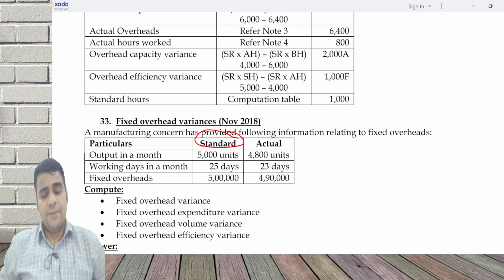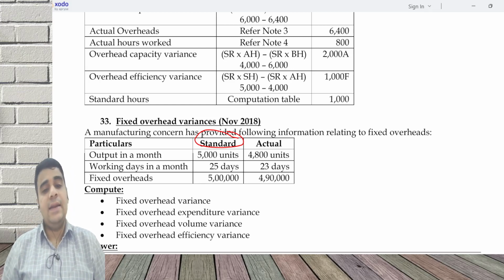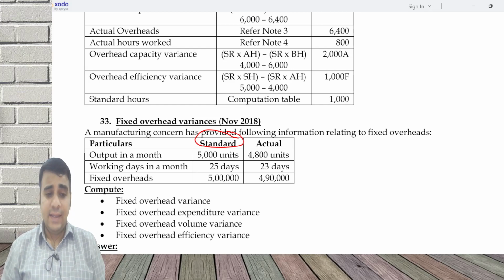A manufacturing concern has provided the following information relating to fixed overheads: particulars, standard and actual, output in a month, working days in a month, fixed overheads. As I said in the previous session, if the question gives you a standard that is not technically a standard, that is technically a budget.